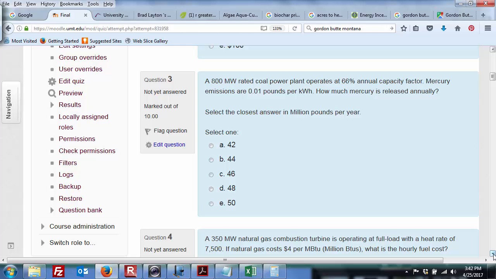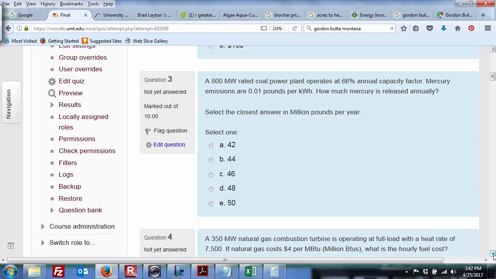Hey, look at that. An 800 megawatt rated coal plant operates at 66% annual capacity factor. Mercury emissions are 0.1 pounds per kilowatt hour. How much mercury is emitted? Million pounds per year?